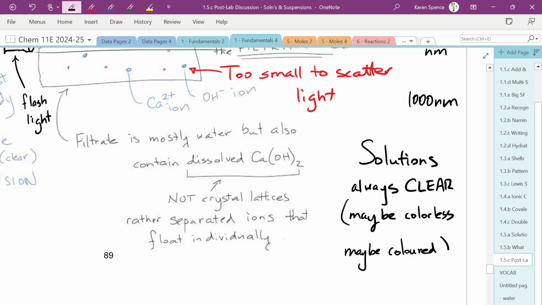And then you look at the Gatorade and you're like, oh, it's blue, right? But the Gatorade is both blue and clear, yes? Whereas the water is clear and colorless. So just be aware that in chemistry, we specifically use the word clear to mean transparent, okay? It doesn't just mean without color. If you want to say without color, you say colorless, okay?